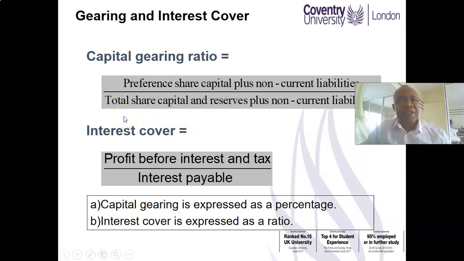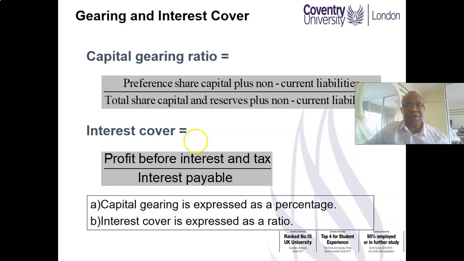When you calculate the capital gearing ratio, it is important to see whether the company is going through problems or stress in terms of payment of interest. You do that by calculating interest cover. Interest cover is profit before interest and tax divided by interest payable.